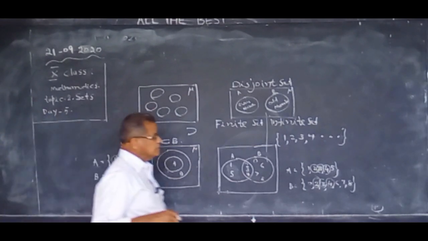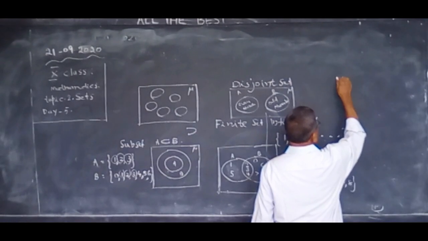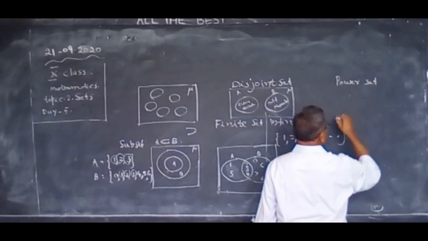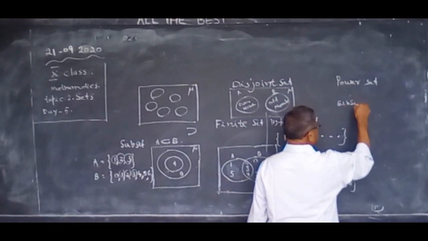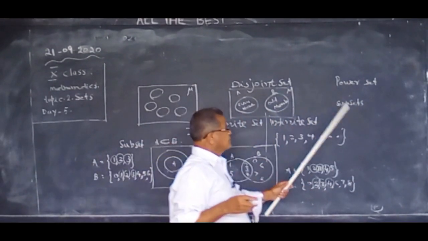Power set means it contains all subsets. Today I want to explain power set, the number of subsets. Writing all subsets of a set is called the power set.